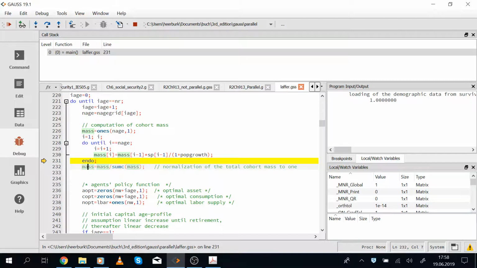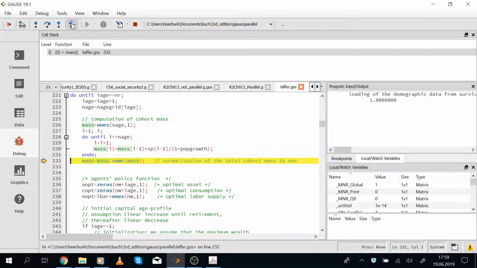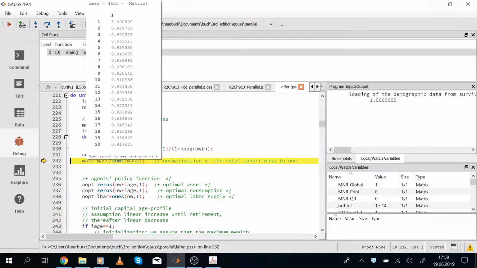on. Let's jump to line 233 by moving to this line, run to cursor, pressing the appropriate arrow key in the menu bar so that we do not have to run through these 46 iterations. And our final mass looks like, from 1 declining to 0.81 at the oldest age.